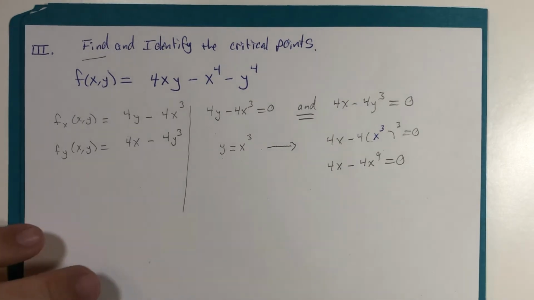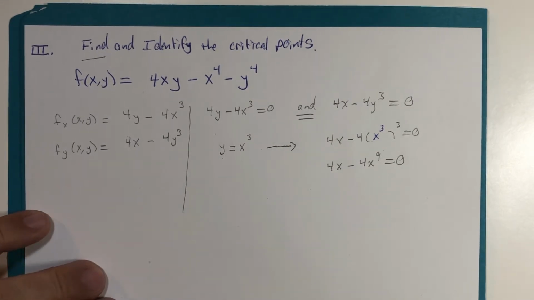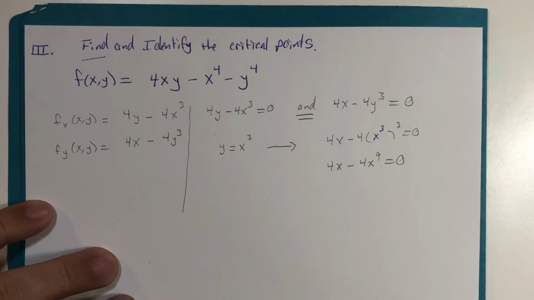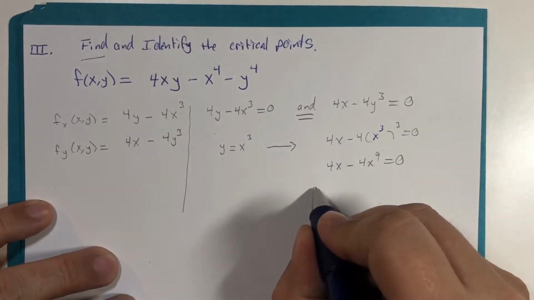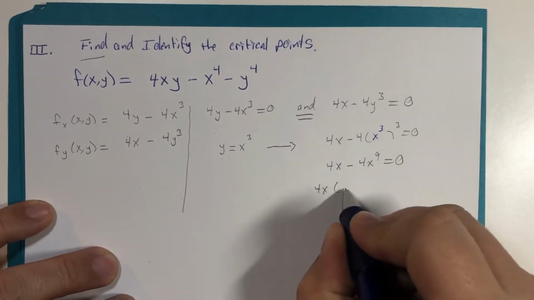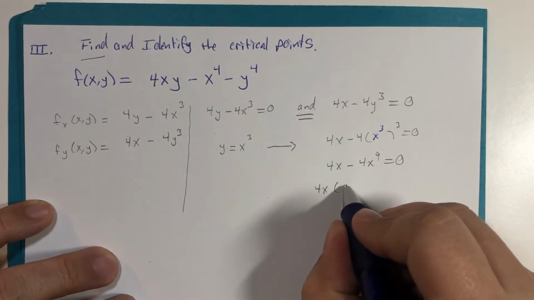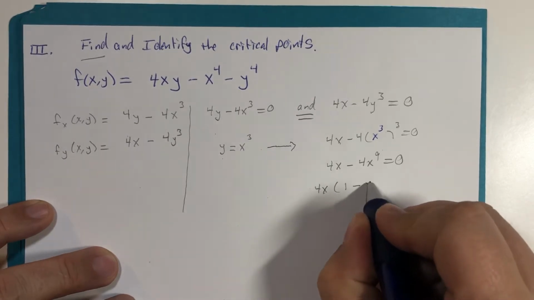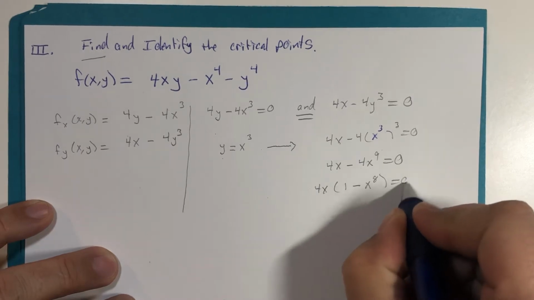There's a chance that the author of this problem cares about you a little bit because this is going to factor nicely. If you factor out 4x, you get 1 minus x to the 8th is 0.